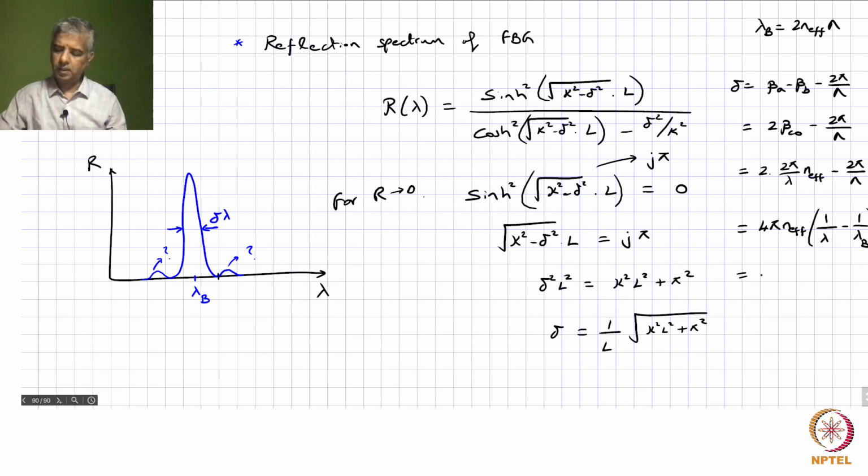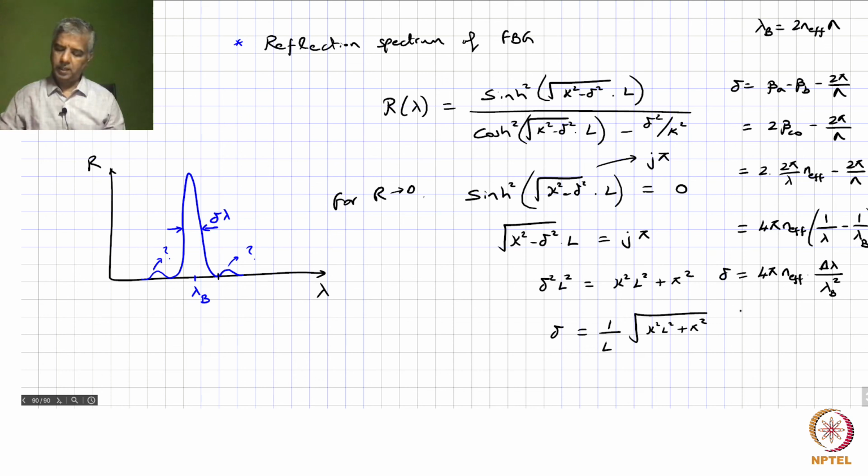If you simplify this, you get lambda times lambda b in the denominator and lambda b minus lambda in the numerator. So, lambda b minus lambda you can write as delta lambda, and lambda times lambda b, since lambda is very close to lambda b, you can approximate as lambda b square. So, delta is given by this.